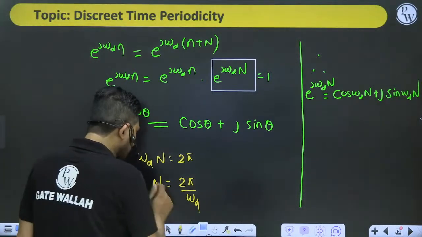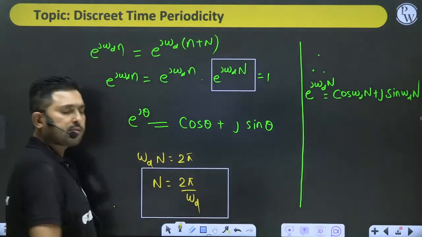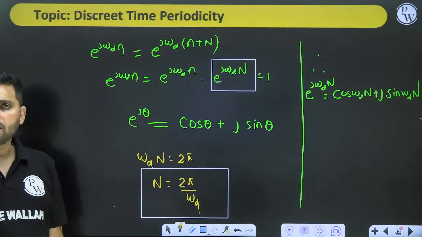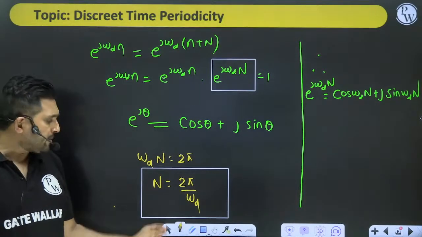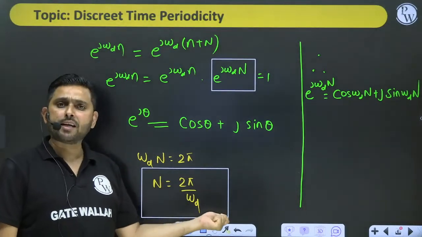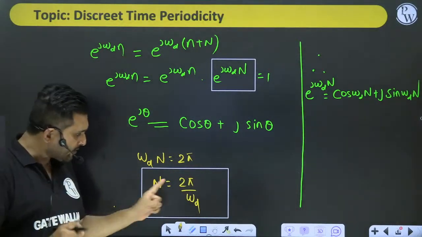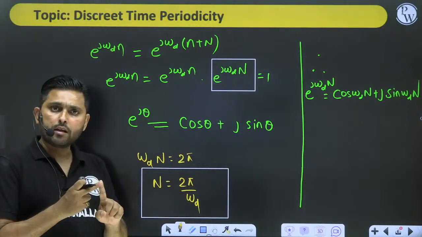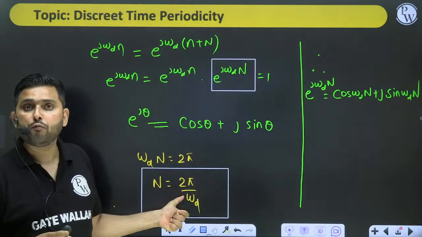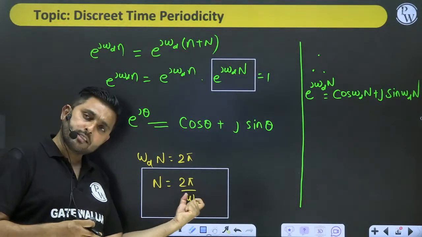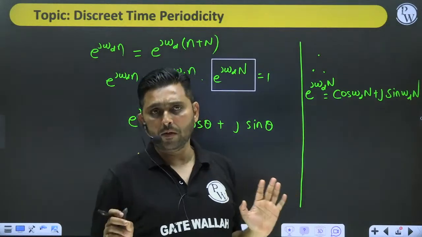Now the question is whether this condition alone is sufficient to state that this N becomes an integer. For example, what values of omega d should I substitute so that the whole thing becomes an integer? For this, pi has to be removed, number one, and in the rational p by q form, the q must be cancelled by some factor.